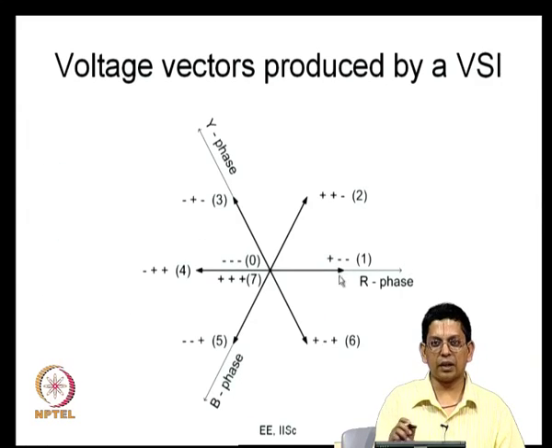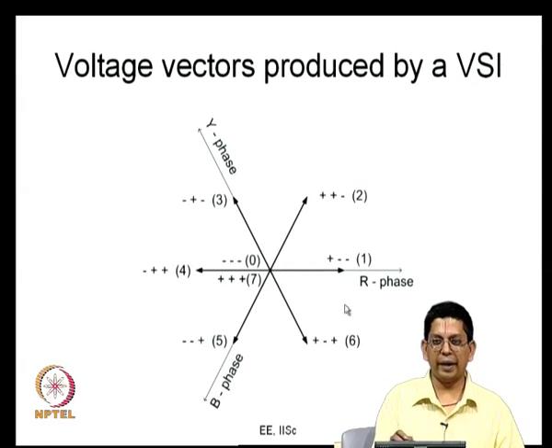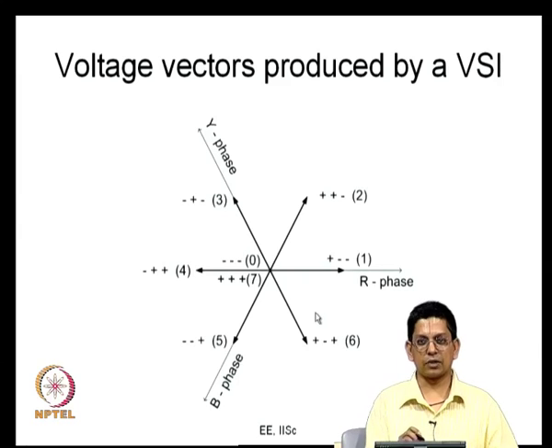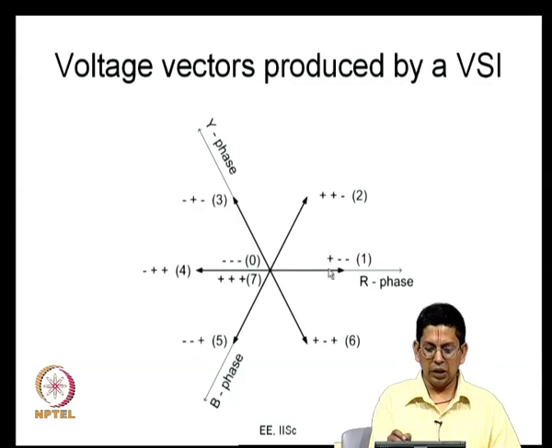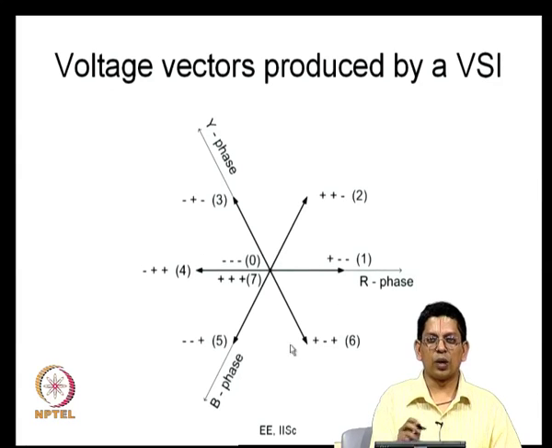So, it becomes a vector like this, and this vector has got a magnitude VDC. I have not indicated this here, but I have indicated this in a later slide. So, this inverter state plus minus minus leads to a voltage vector of magnitude VDC at an angle 0, that is, V alpha is equal to VDC and V beta is equal to 0. Similarly, you can do for all the other states one after the other.